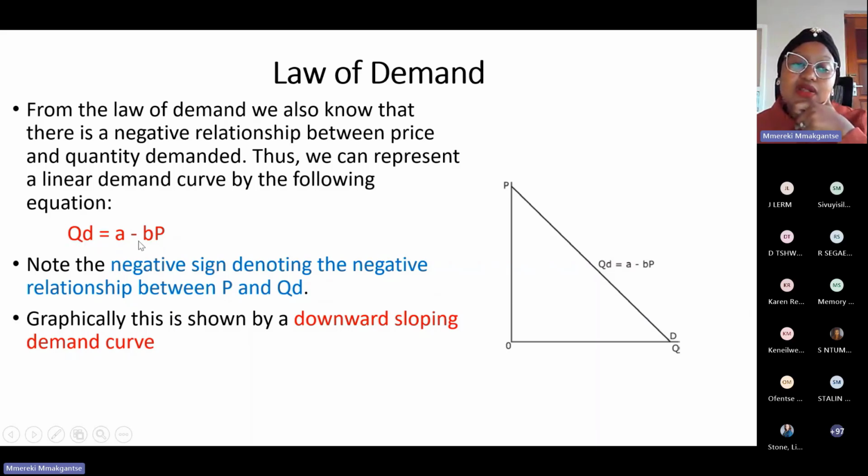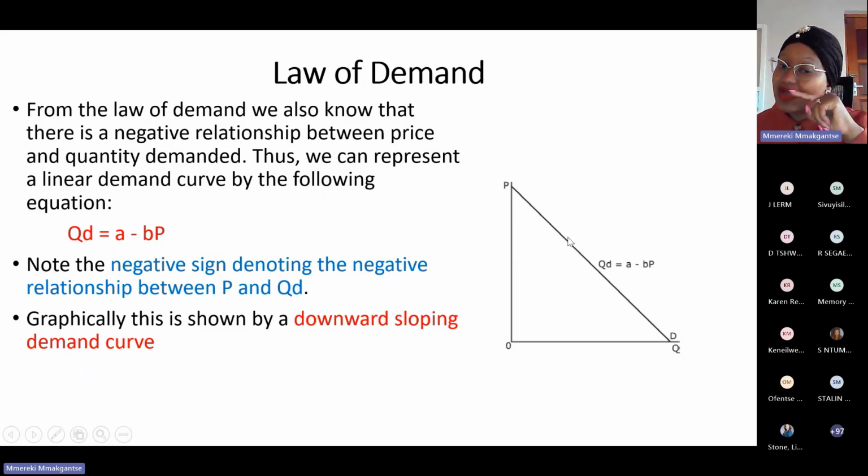QD is the dependent variable, equal to an intercept minus the slope times P, the price, which is independent. The negative sign denotes the negative relationship between price and quantity.